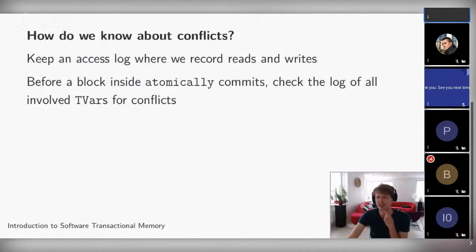So how do we actually know about conflicts? This slightly gets into runtime details, and I don't want to spend too much time on this. But basically, the runtime maintains an access log, and it records reads and writes to these transactional variables.